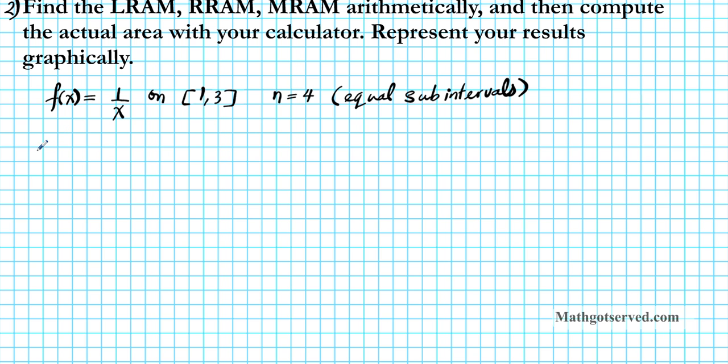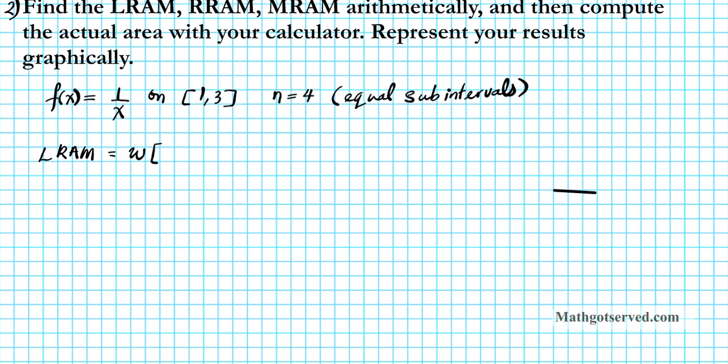So we're going to start with the left rectangular approximation, LRAM. Left rectangular approximation is equal to, we're going to be multiplying the width times. Now to determine what our heights are, we're going to set up an interval to the right.